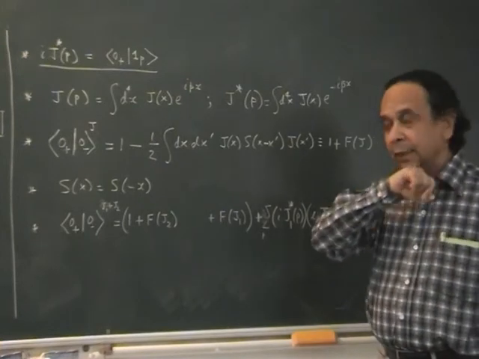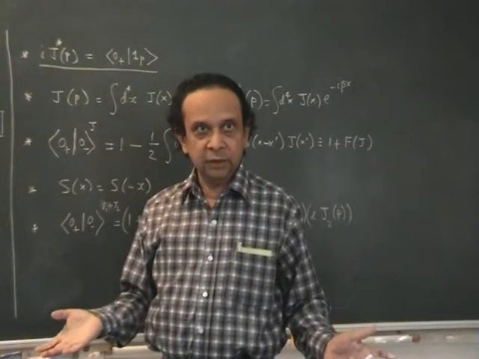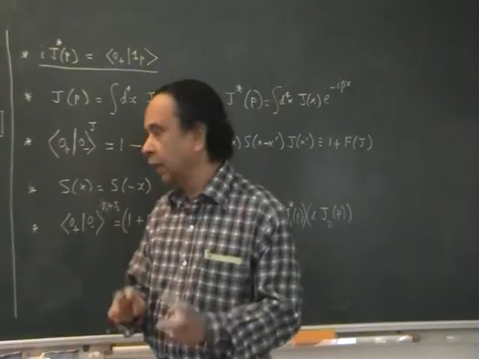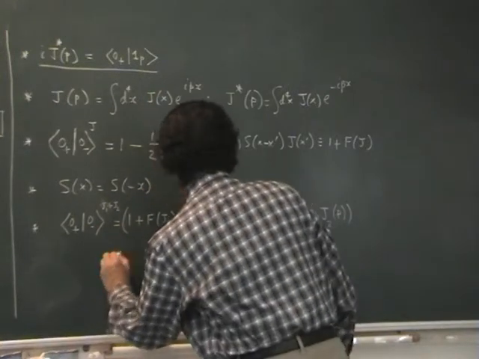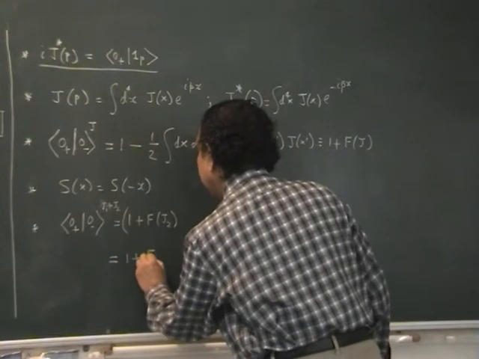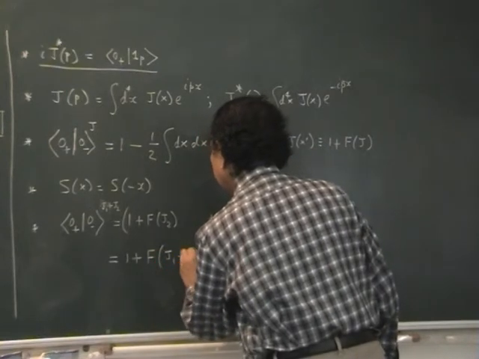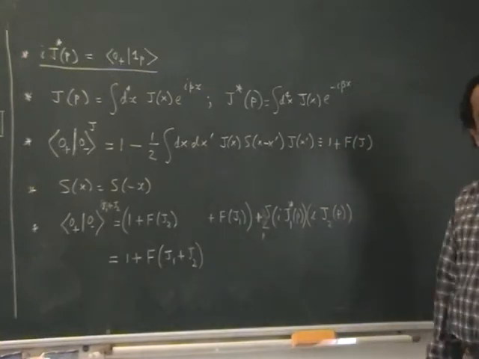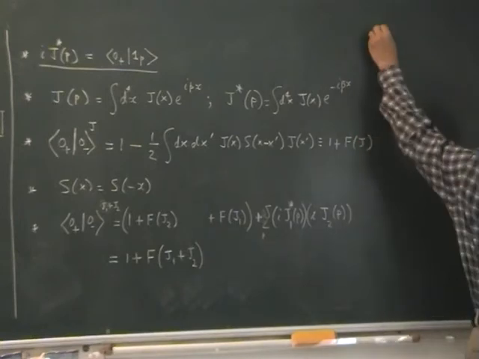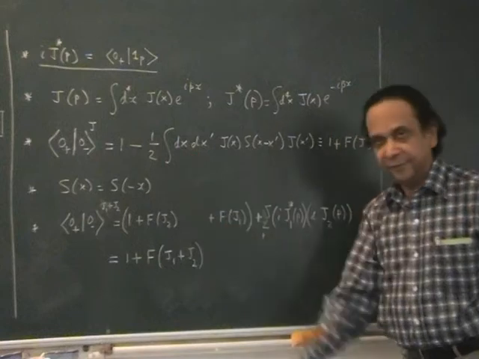However, it is us who divided this J into J1 plus J2. The system does not know any J1 or J2 and it only had a J. Therefore, this should of course be equal to, by our definition, 1 plus f of J, which is 1 plus f of J1 plus J2. Okay? This gives you a nice condition. So let me do that here. What it tells you is that, of course, 1 and 1 goes away.